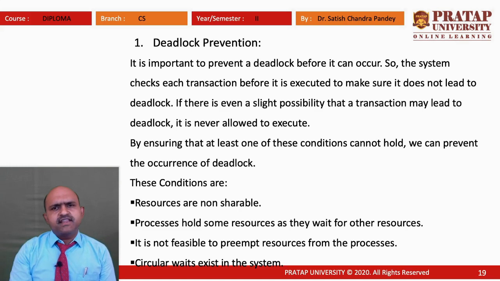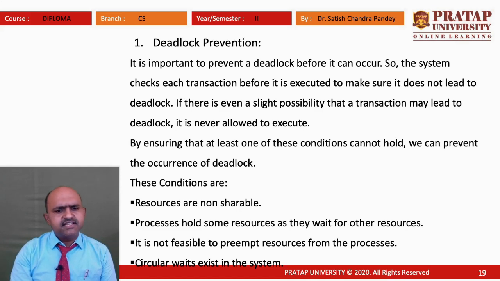If there is even a slight possibility that a transaction may lead to deadlock, it is never allowed to execute. By ensuring that at least one of these conditions cannot hold, we can prevent the occurrence of deadlock.